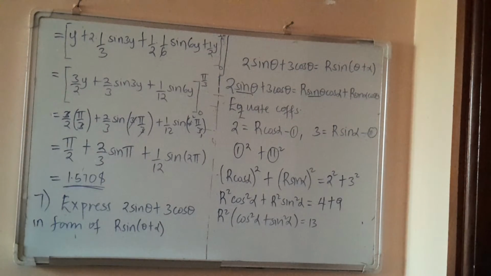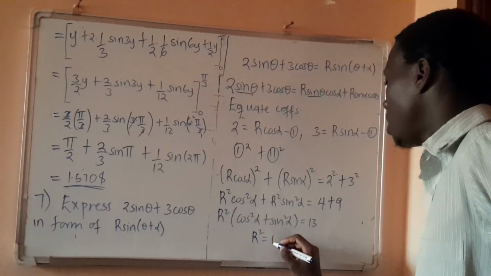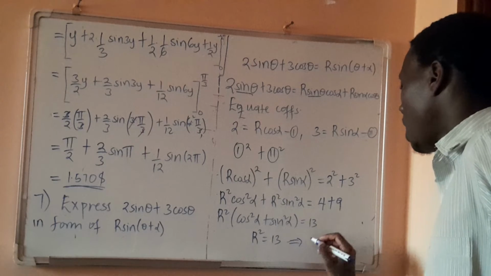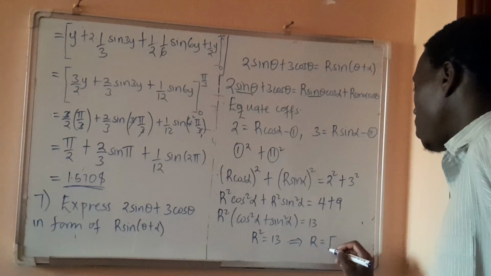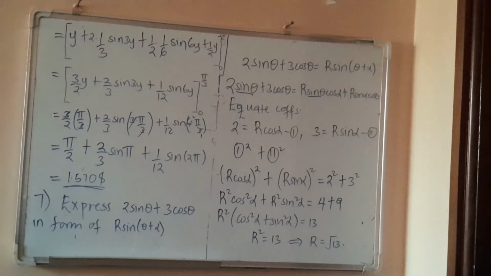What do we know? We know from the first trigonometric identity that cos squared plus sine squared is 1. So we shall obtain R squared equals 13, implying that R is actually square root of 13. Now we can obtain alpha.